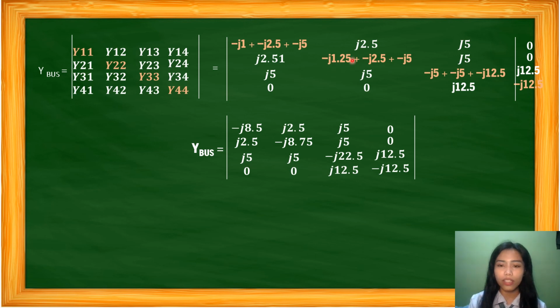Then this Y22 is negative j8.75, Y33 is negative j22.5, and Y44 is negative j12.5. Then that's it. That's our Y-bus matrix, the admittance matrix.